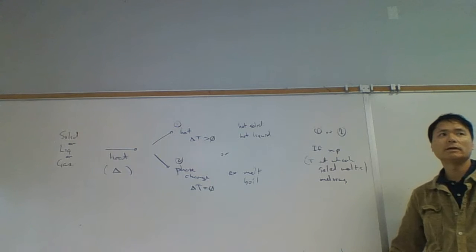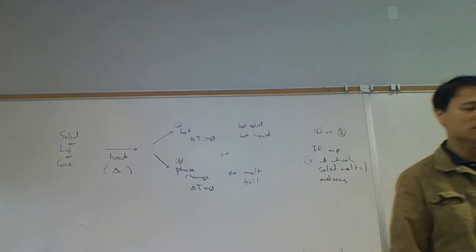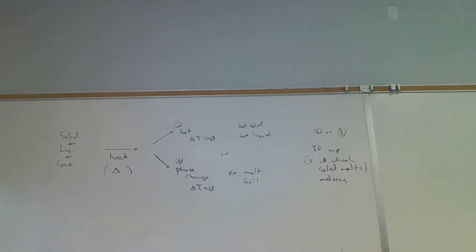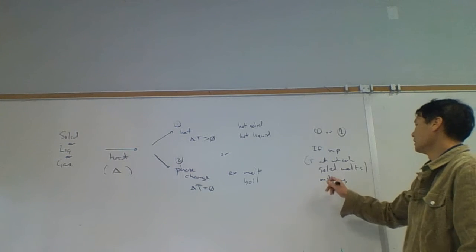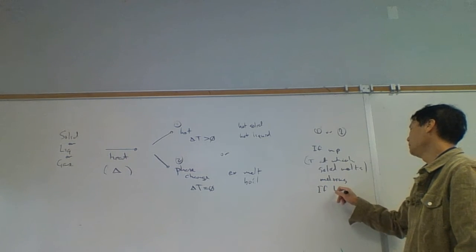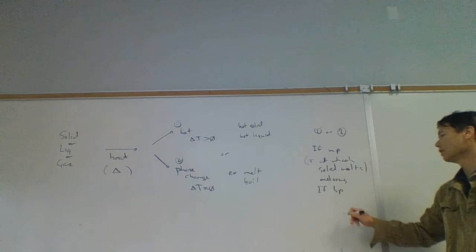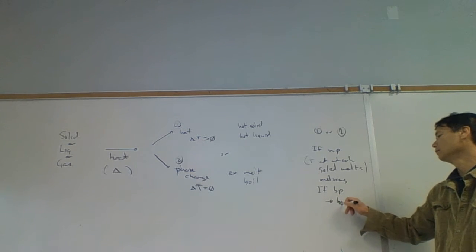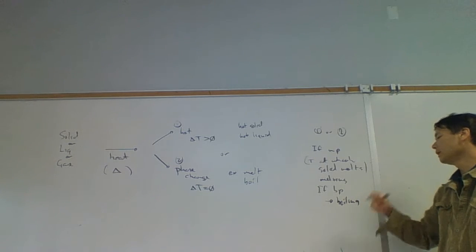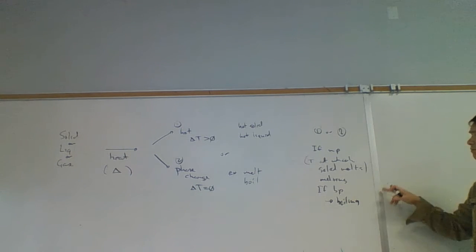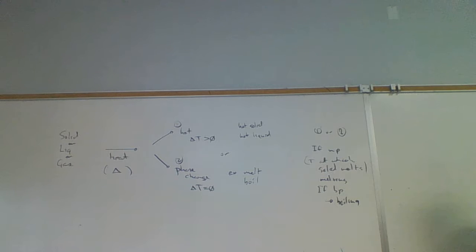All that energy is going into melting, and none of that energy is going into making it hot. If it's at the boiling point, then boiling occurs. When we have melting or boiling, the temperature stays constant.